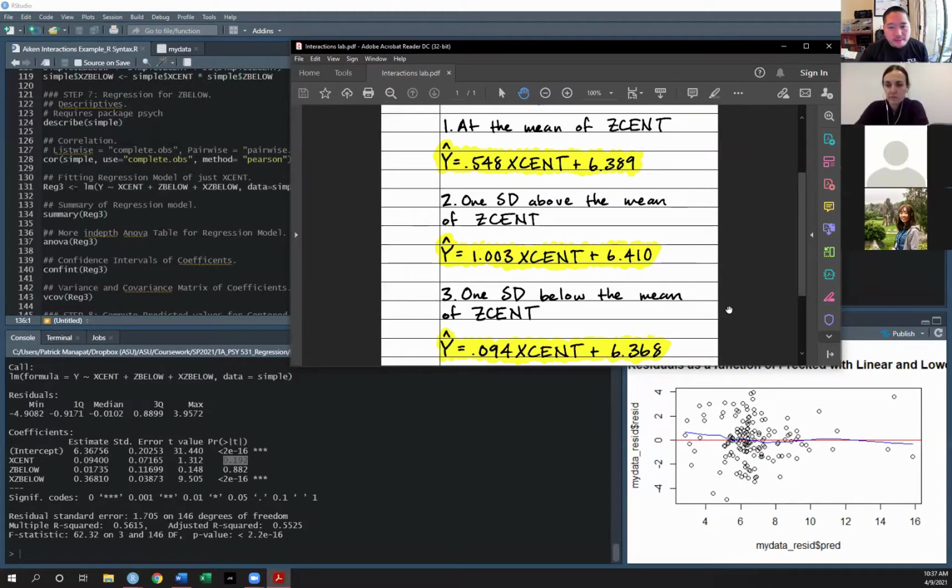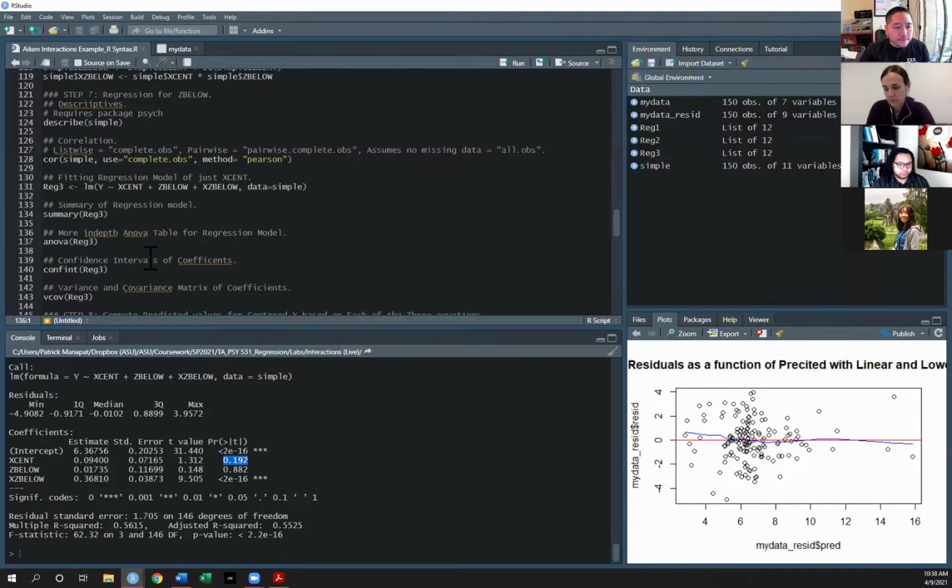And as we'll see in this plot that I keep referring to that is in the near future, it changes. So at the mean, x and y are a little bit less related. They're more related at one standard deviation above, and the relationship becomes non-significant at one standard deviation below the mean. And so we'll see that in just a second.